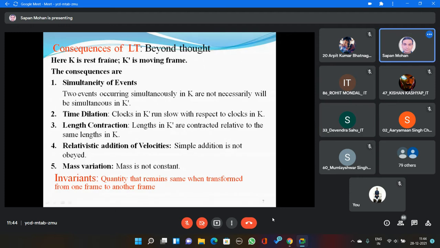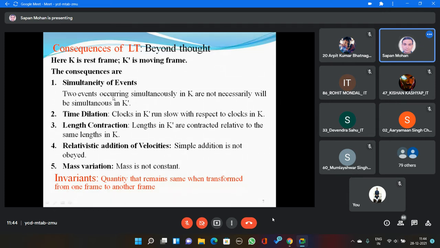Now, K is the rest frame, K dash is the moving frame. You can take S and S dash frame, whatever you want, that is nomenclature only. The consequences are, first, simultaneity of events. Simultaneity, what is it?